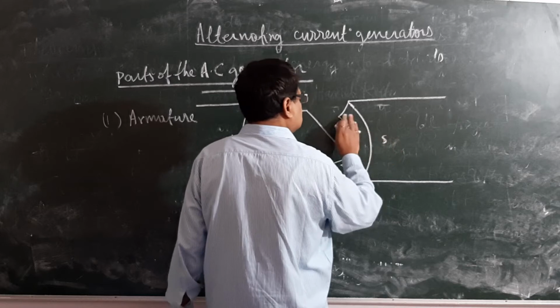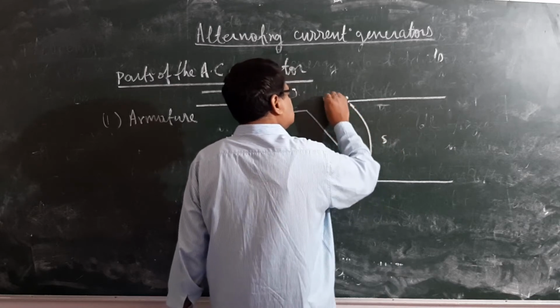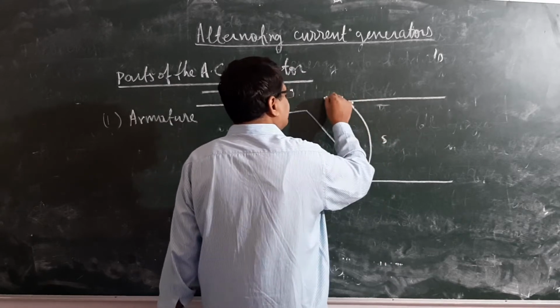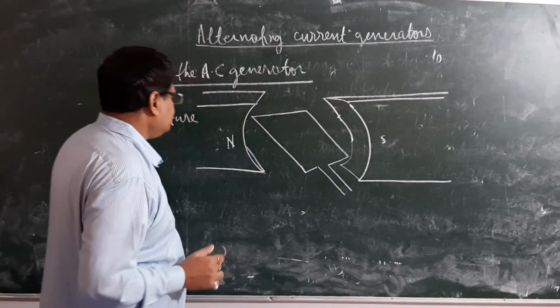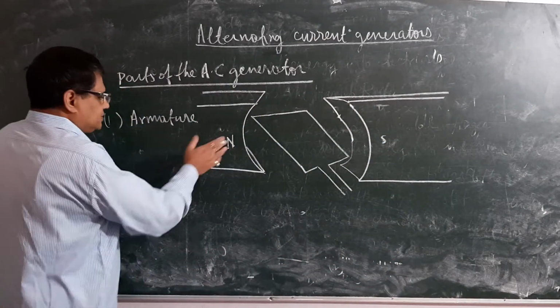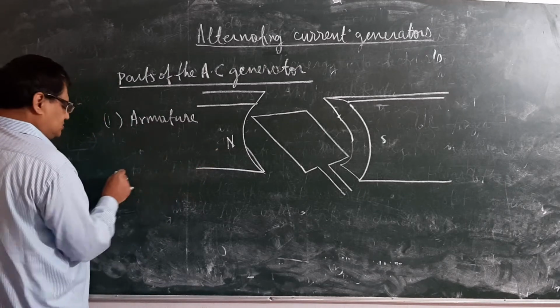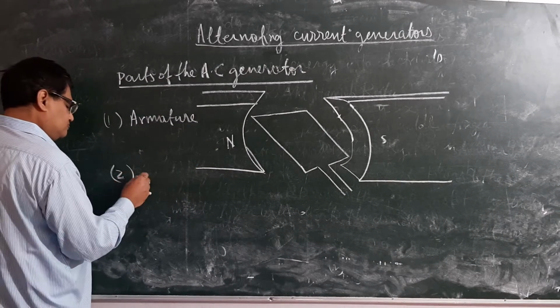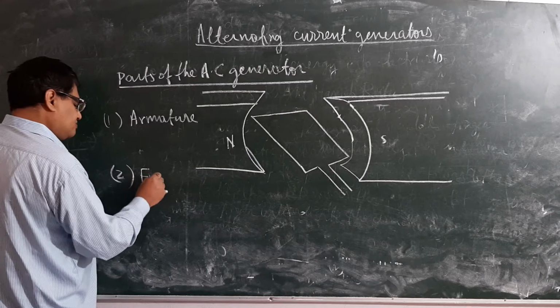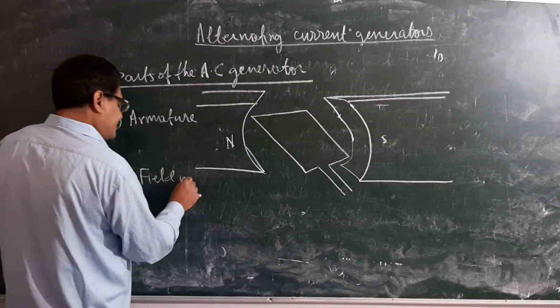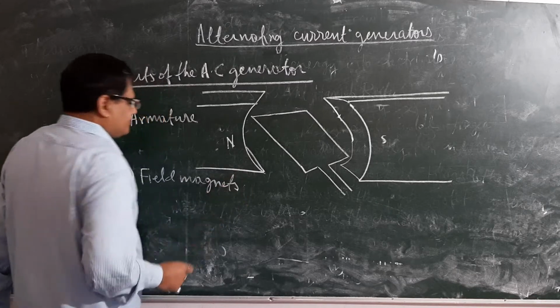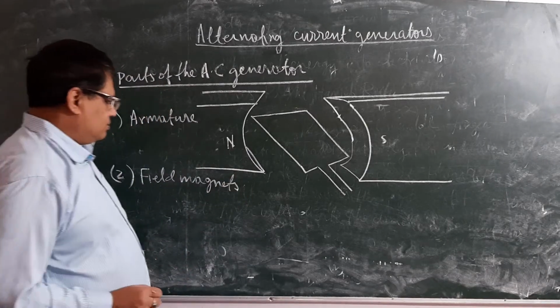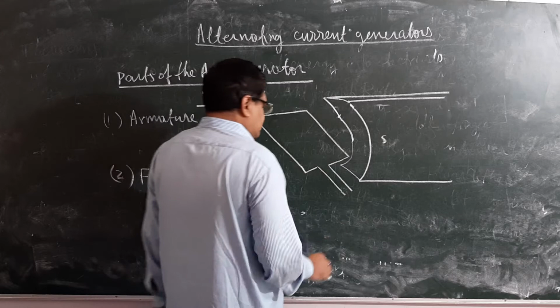This is called the field magnets. Then you have these two terminals.